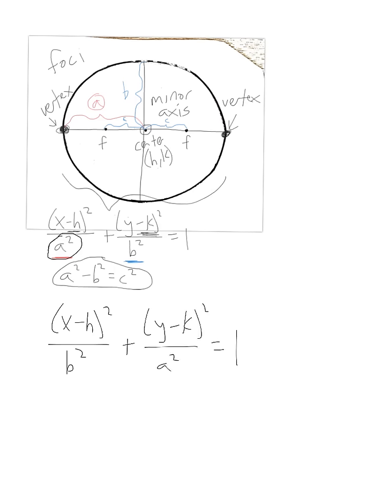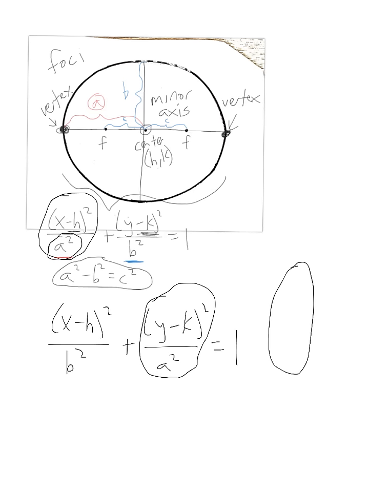Now look here. Wherever the bigger number is, so notice on this top one, the bigger number was under x, so it was stretched horizontally. Here, the bigger number is under the y term, and so this ellipse would be stretched vertically. And so that would put your center in the middle still, but now your focal points would be here, and your vertices would be up and down.